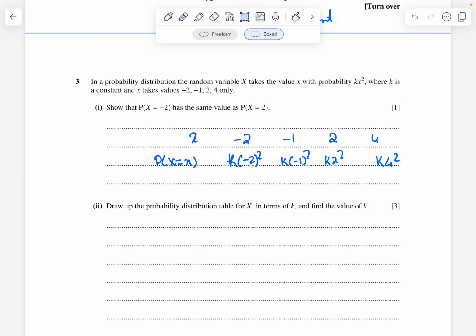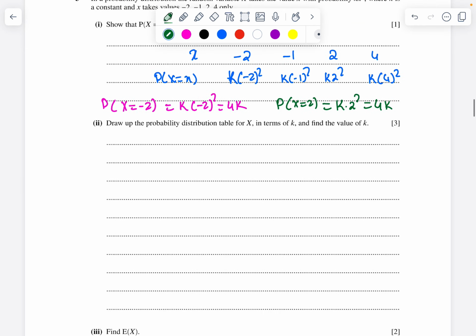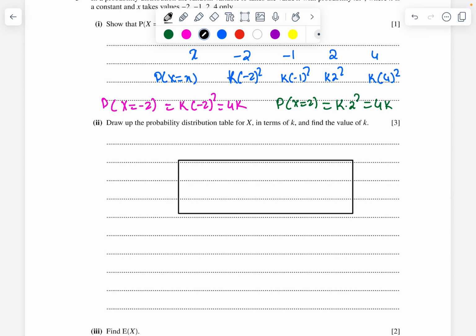Now what is being asked to prove? Probability of X equals -2 will be k times (-2) whole square, which is 4k. Probability of X equals 2 is k times 2 square, which is also 4k. Therefore, both are equal. Now, I am going to draw the probability distribution table for that.